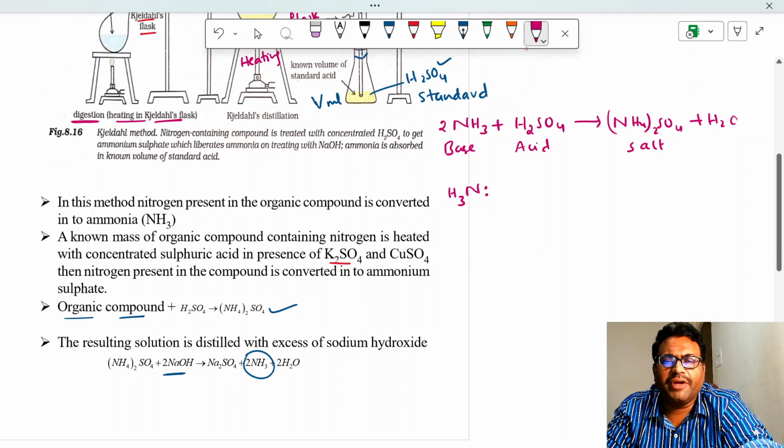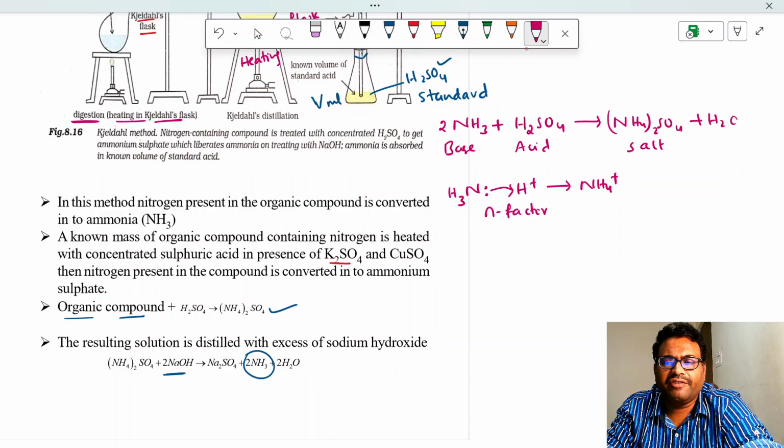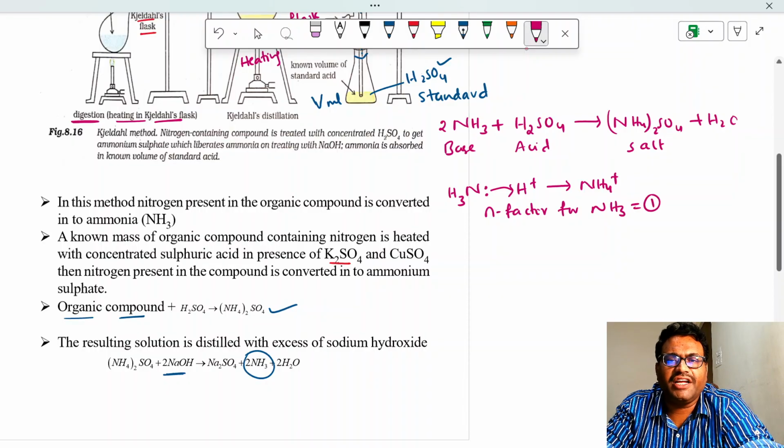By using one pair of electrons, it is accepting H+. It is donating this pair of electrons to H+, so it is converted into NH4+. So here the n-factor for NH3 is 1, in this acid-base reaction.